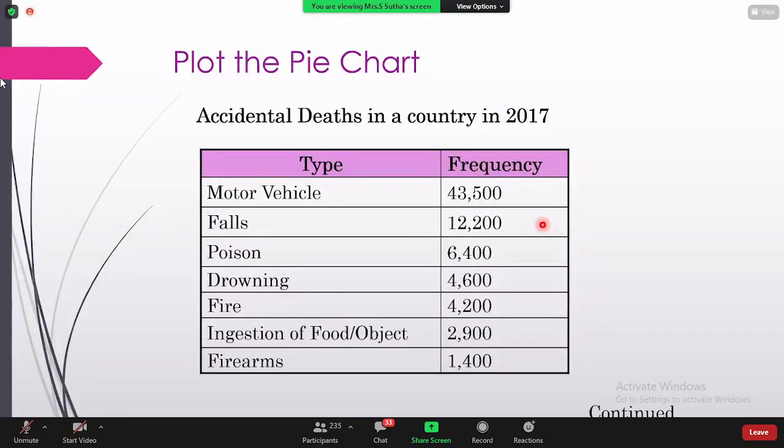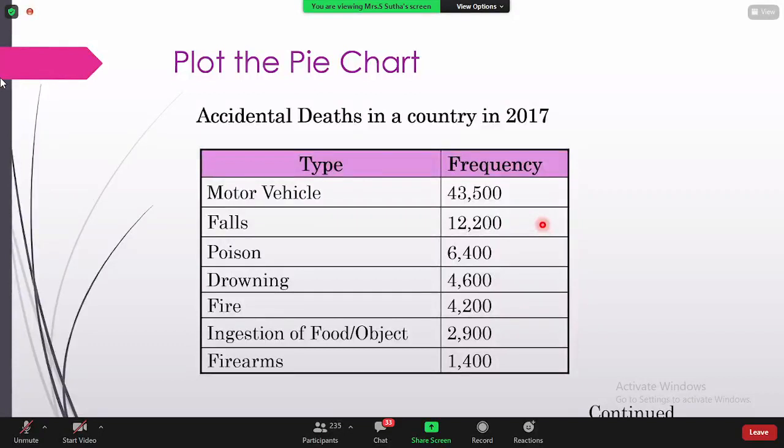What is the decision you can make from this frequency distribution? Most accidental deaths in 2017 occurred by motor vehicle accidents.